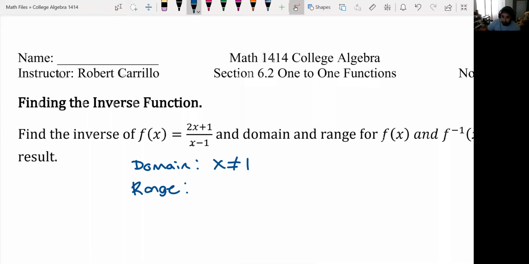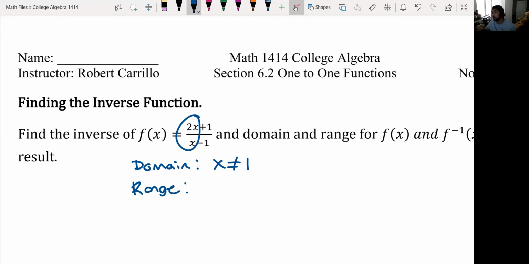Well, let's think about horizontal asymptotes, right? Let's think about horizontal asymptotes. So the degrees on these x's are equal.